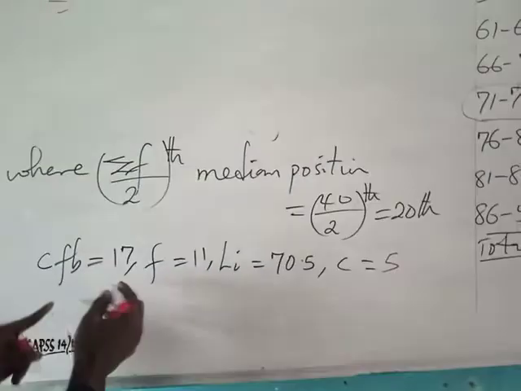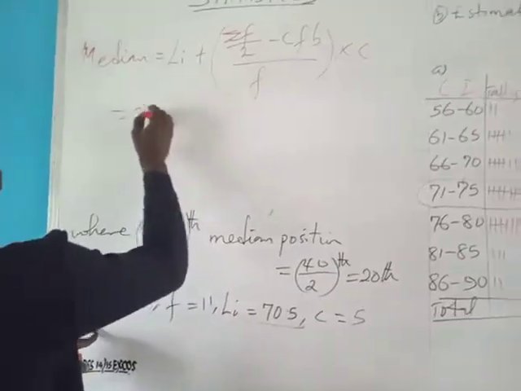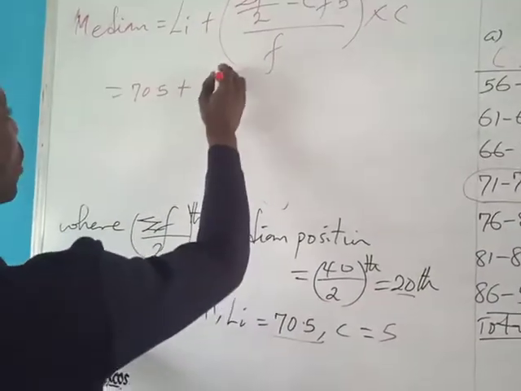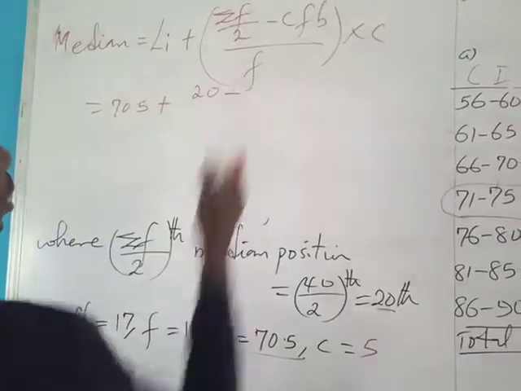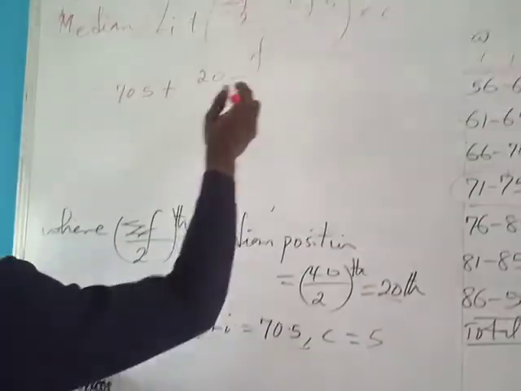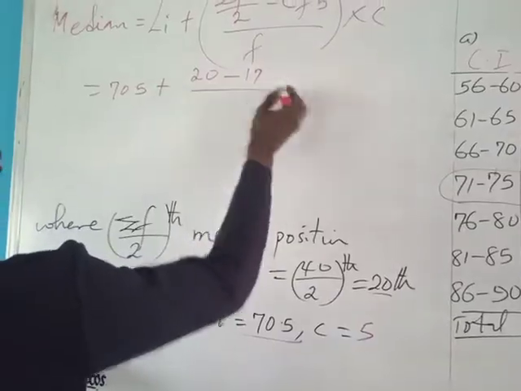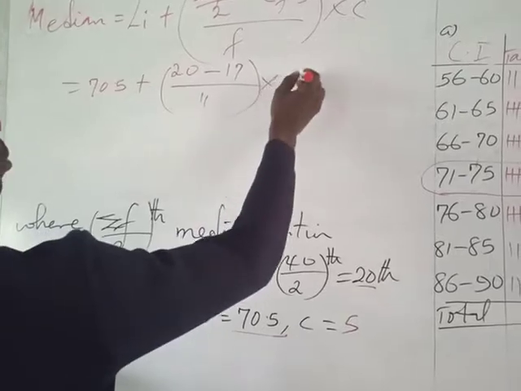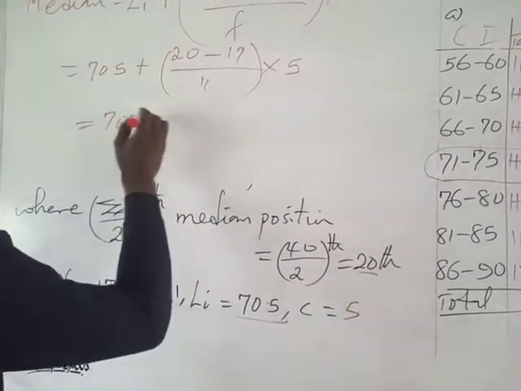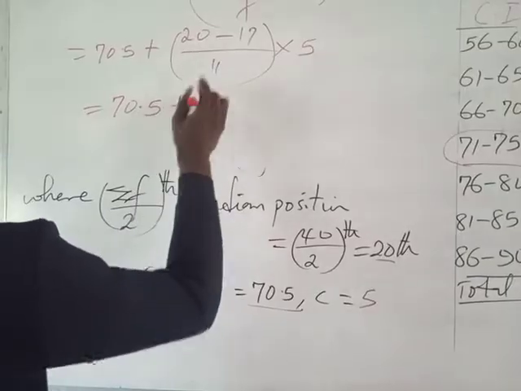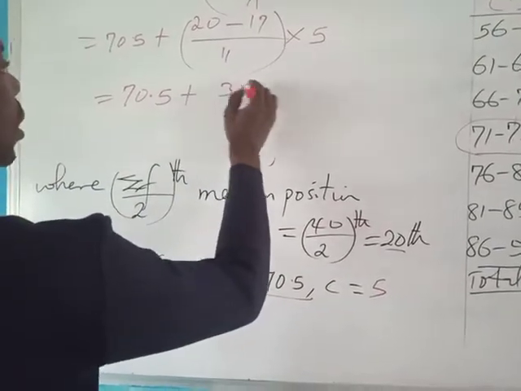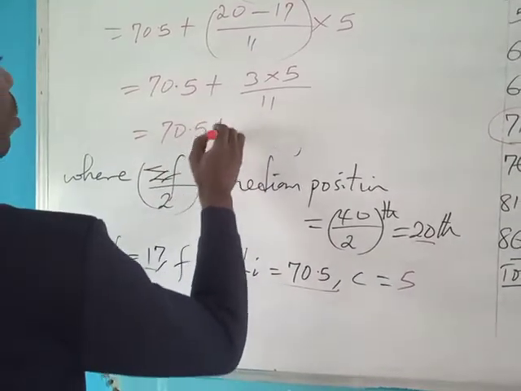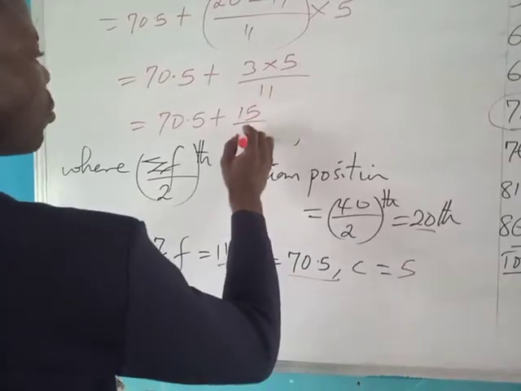Our Li is 70.5, plus the median position, which is 20, minus CFB, the cumulative frequency, 17, all over the frequency of the median class, 11, times C, which is 5. So this will be 70.5 plus, when you subtract, 3 times 5 all over 11. So we have 70.5 plus 15 all over 11.